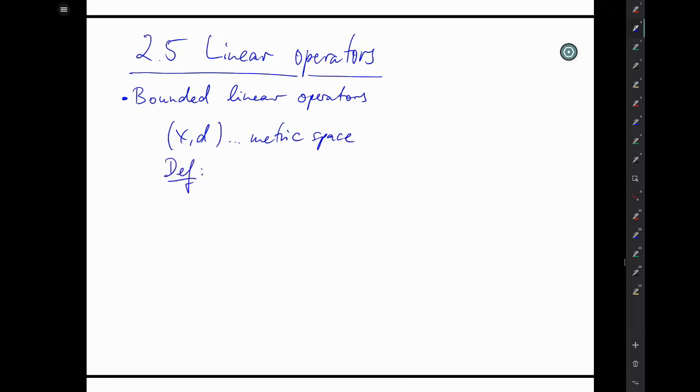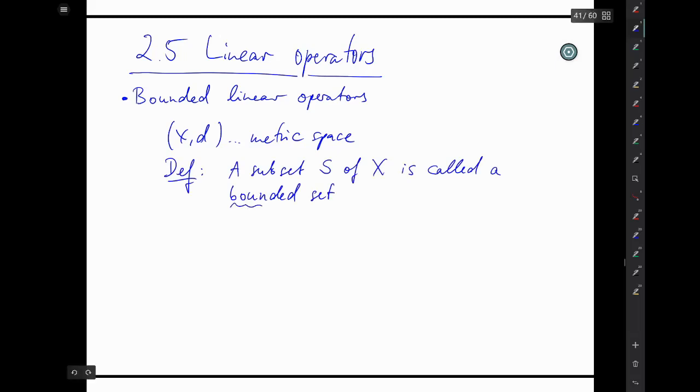And let's say that a subset S of X is called a bounded set if there exists a real number, let's call it d, greater than or equal to 0, such that for all points or vectors x and y in our set S, it holds that the distance between x and y is less than or equal to d.